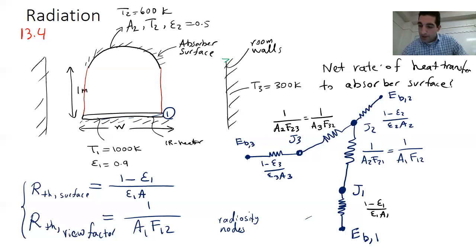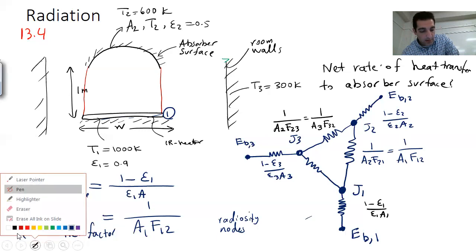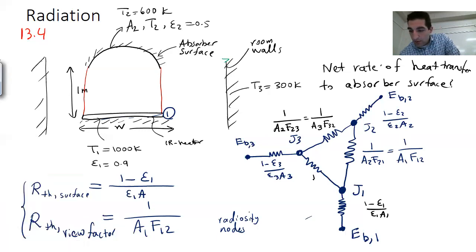And then I have another two surfaces, so there's another view factor resistance in between, and this value is, we can use another color, 1 over A3 F31, which is equal to 1 over A1 F13. Now this is the network.